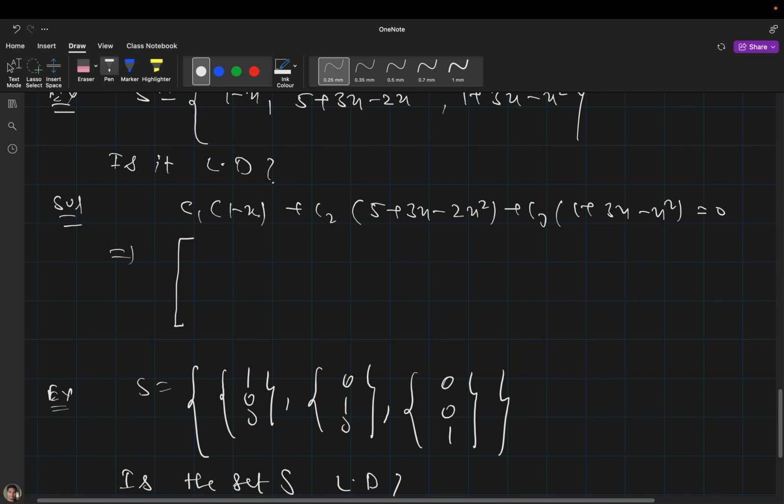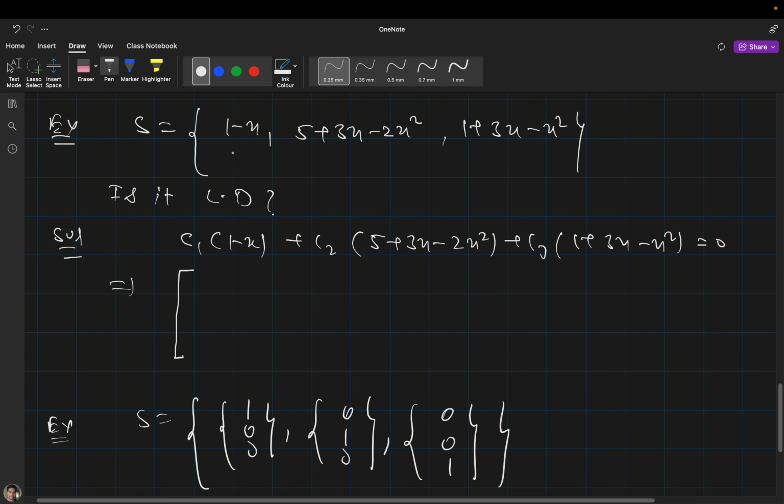Here I can write it like this. The first one is in the form of 1, plus minus 1x plus 0 x square, and the second one is 5 plus 3x minus 2x square, and the third one is like this only.